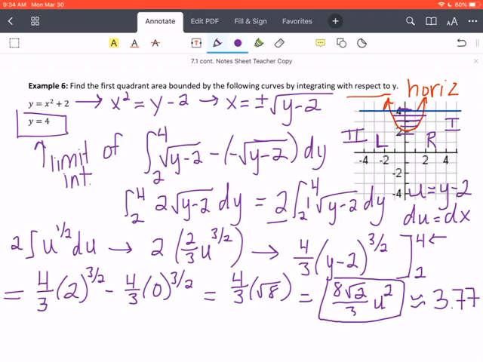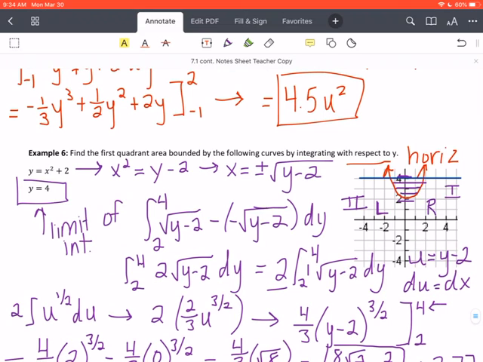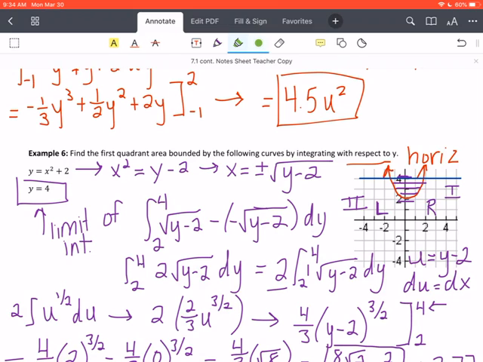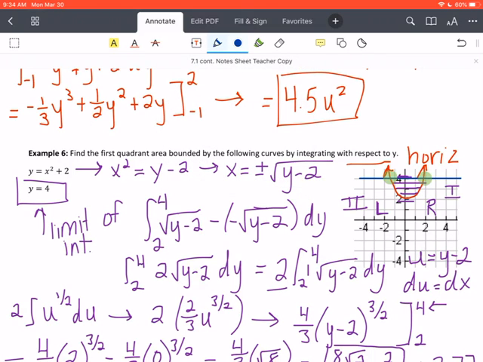Okay. Now, if you do this the other way with respect to y, where is it going to get a slight bit messy? It's still very doable, but if we go back to the original problem, the first thing that we have to figure out are these intersection points, but we have to look at them from the perspective of the x-axis.